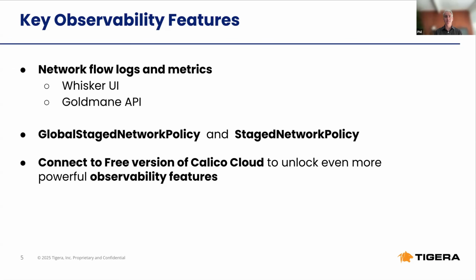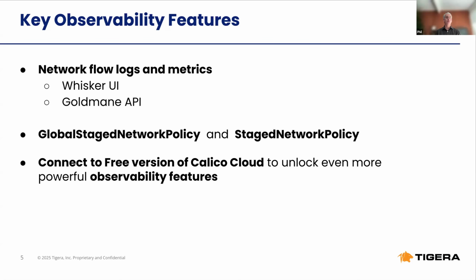One of the ways in which you can get immediate value from this new API for flow logs and metrics is a new UI that we've included in the open source project called Whisker. It's served by a little web server container, and it's web based, and it allows you to visualize all of the flow logs that are being generated within your cluster as they happen. And so Jen's going to be giving a demo of what that looks like in a little bit.